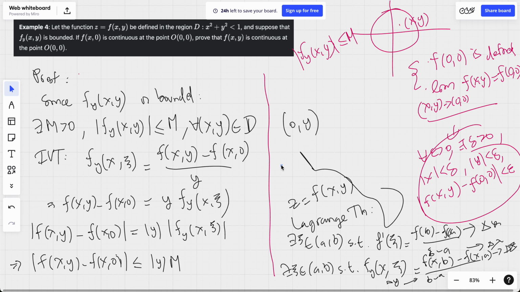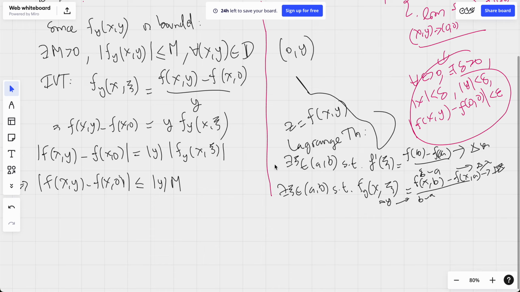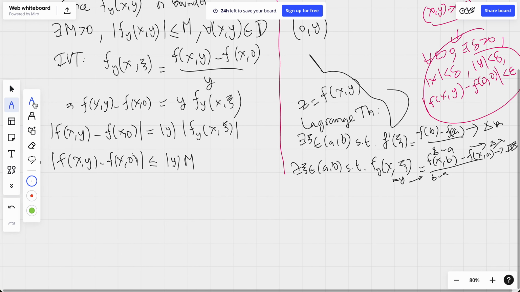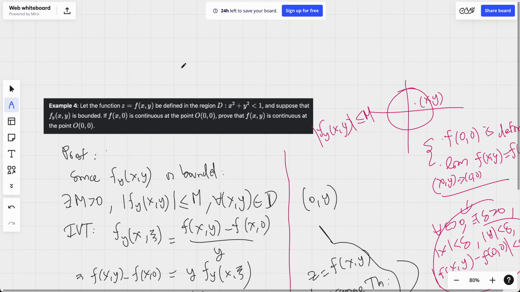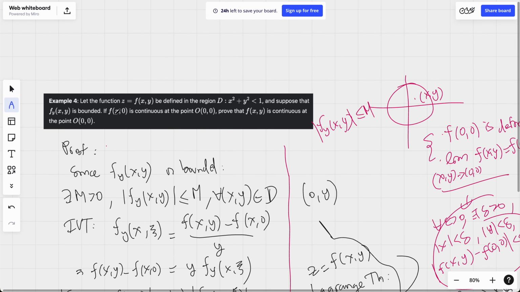So next, now we have this. Now we're gonna use the next condition that they give us, that the function f(x, 0), so basically this is a function of only one variable x, because we have fixed y equal to 0, is continuous at the point (0, 0).